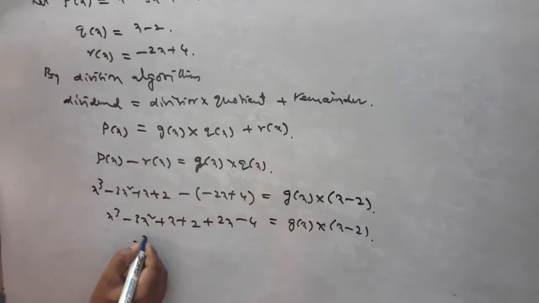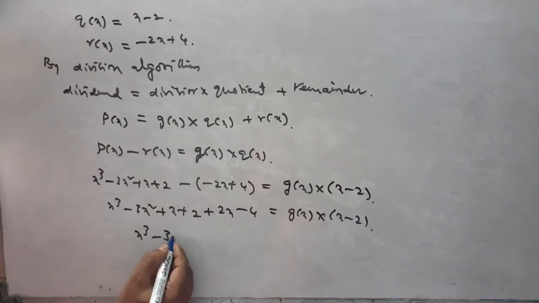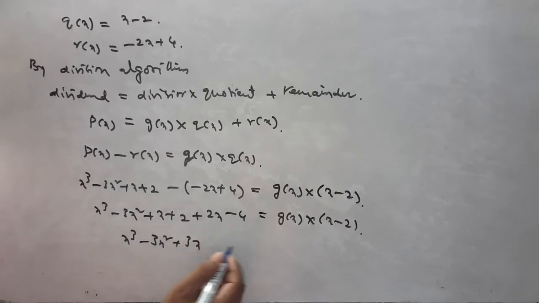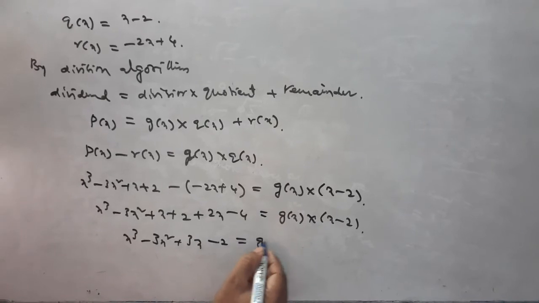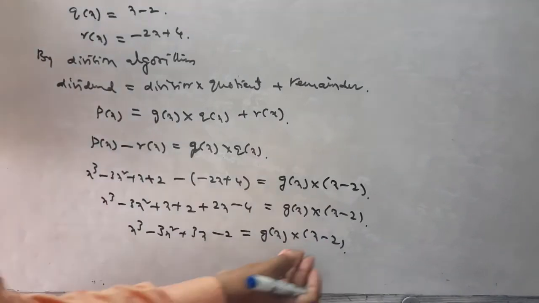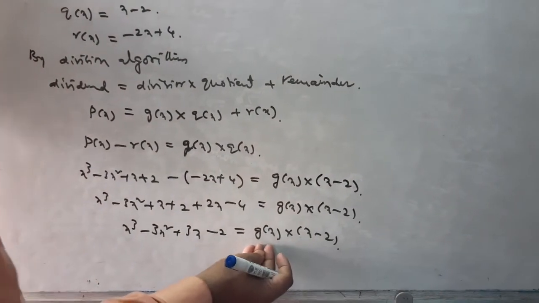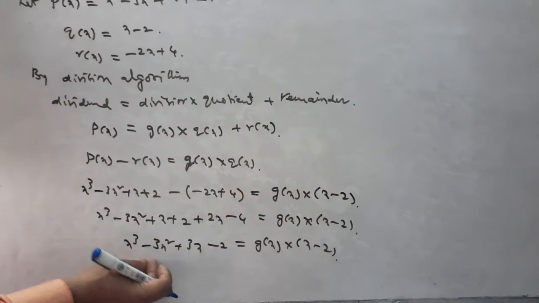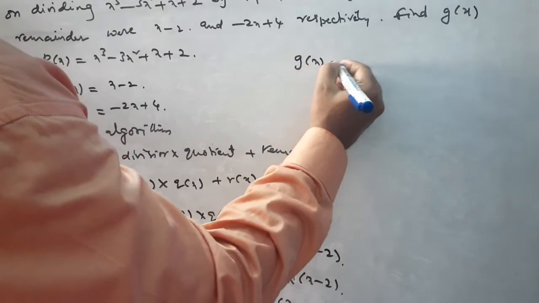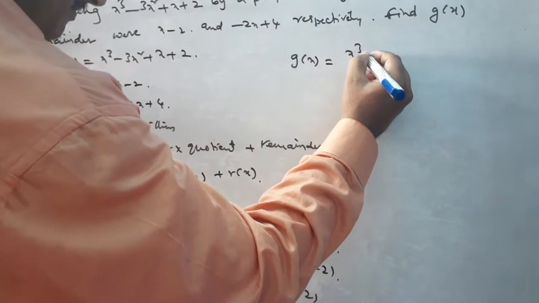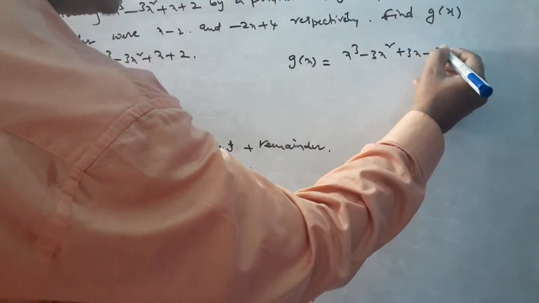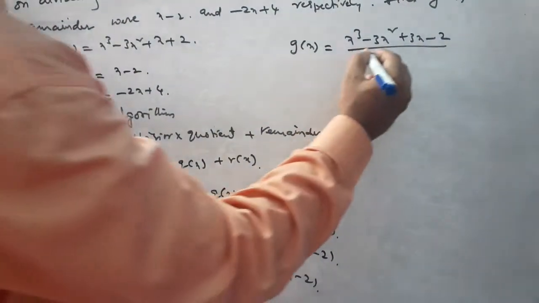So here x cube minus 3x square, x plus 2x we get 3x, 2 minus 4 we get minus 2, is equal to g of x into x minus 2. From this, x minus 2 is a divisor of this polynomial. If you bring it to the left side it will be in the denominator. So g of x is equal to x cube minus 3x square plus 3x minus 2 by x minus 2.